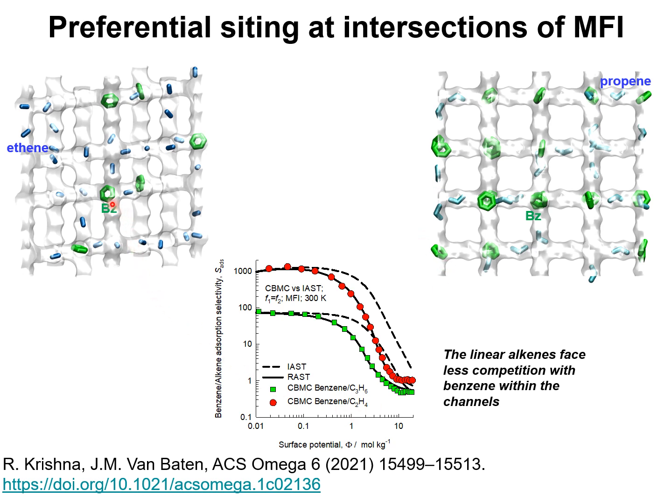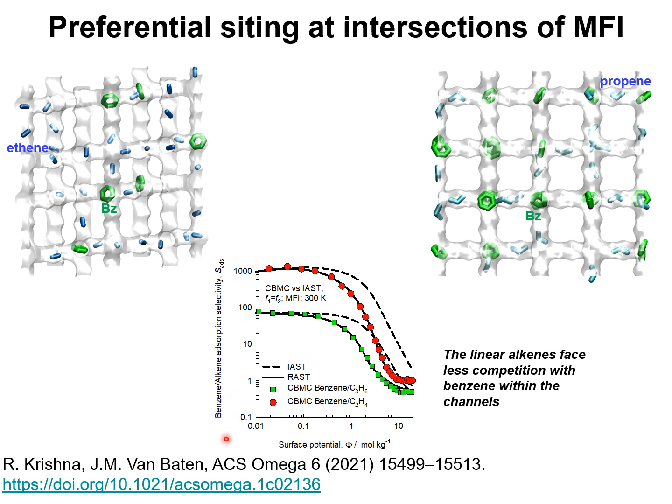The benzene guests prefer to locate at the channel intersections, whereas the linear ethene and propene molecules can locate anywhere within the pore space. Due to preferential locations of the benzene at the intersections, the competition faced by ethene and propene within the pore topology is lower than anticipated by the IAST.